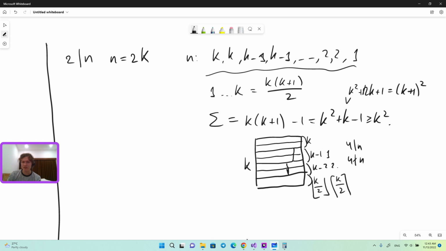So let's assume that these two numbers are different, so they are not equal. In this case, how many lines do we have? We have two lines with this tile equal to 0, two lines with 1, two lines with 2, etc. So 2 times, 1 for 0, 1 for 1, 1 for 2, etc., 1 for k halved. So it's actually k halved plus 1, and this is at least k, so this is okay.